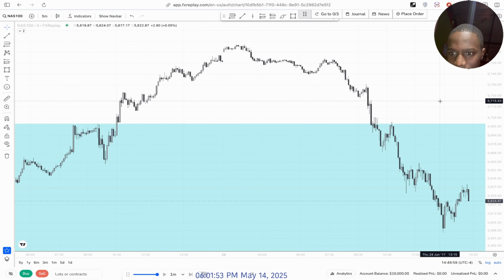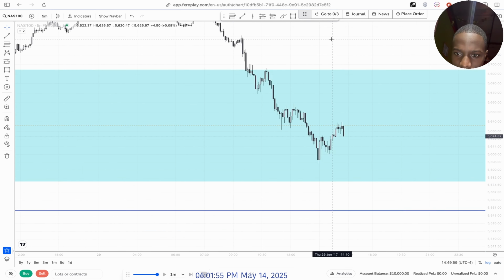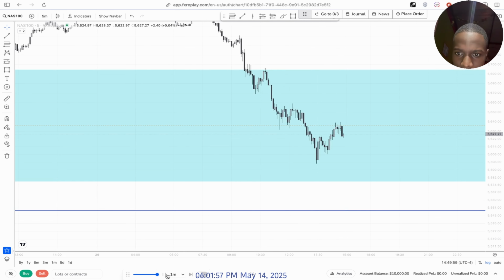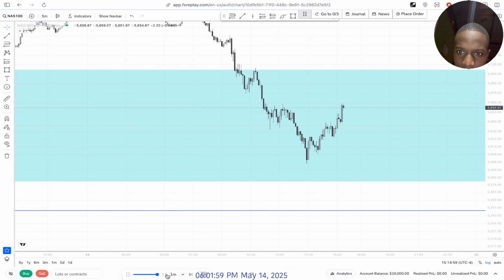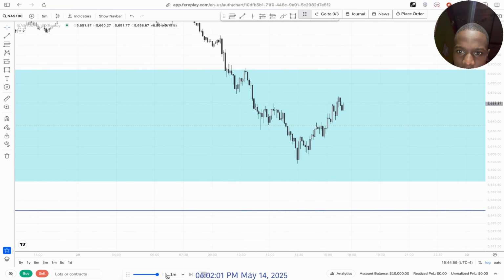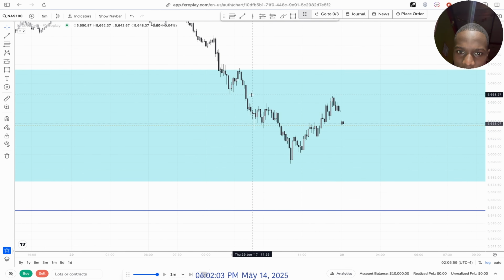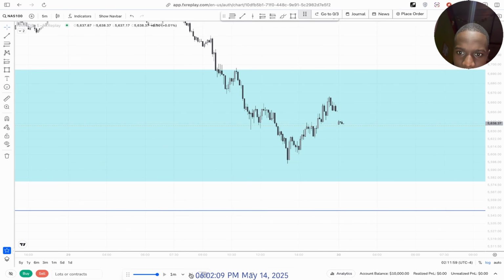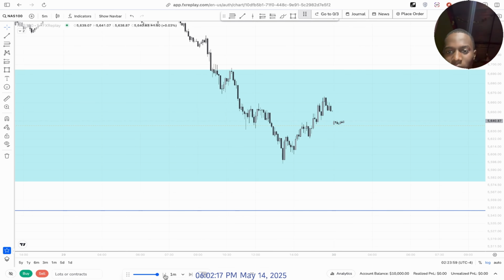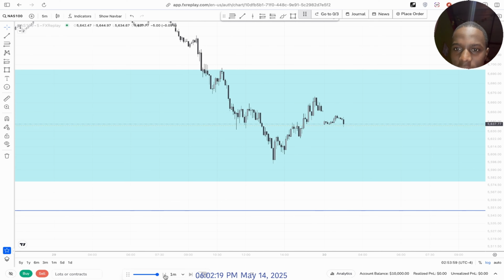Instead, we're pushing higher into this fair value gap. You can see it right there. And once we fill this imbalance, I might expect maybe to drop fully into the sell side liquidity, which might happen in New York, most likely.